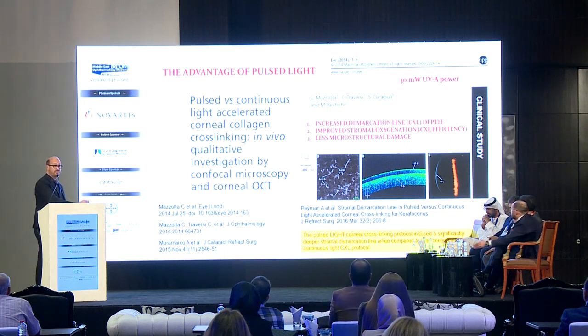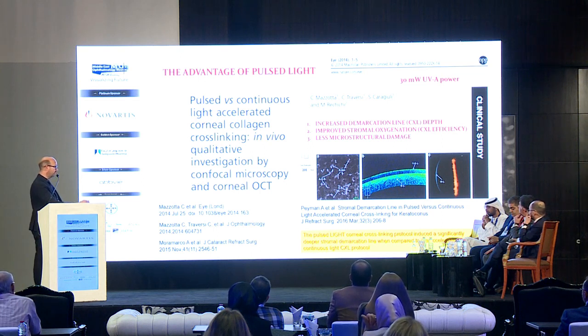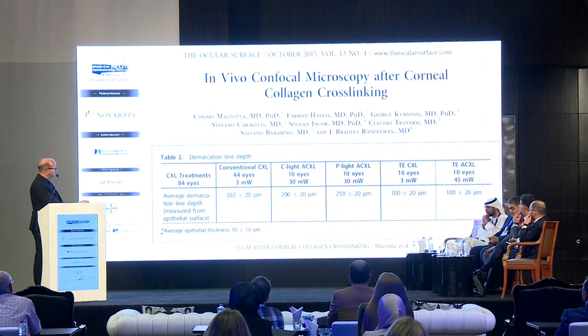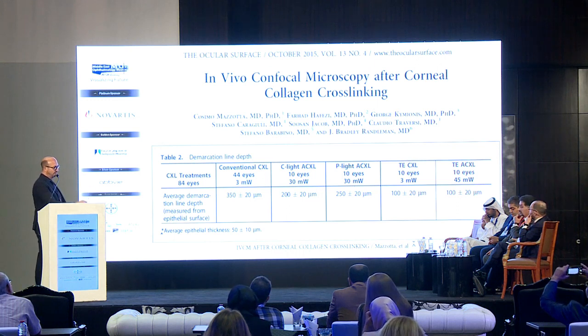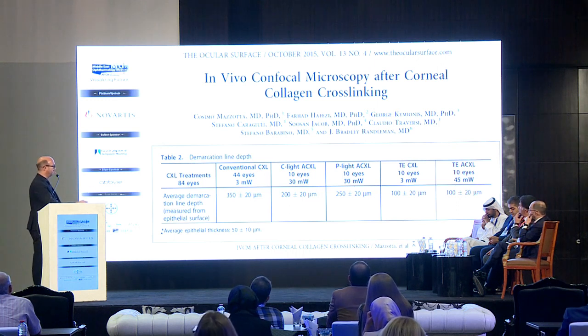So we have less damage if we use pulsed instead of continuous light. This was a major review that I published in Ocular Surface that demonstrated the different strategies, protocols, and the impact on keratocytes and the depth of treatments.